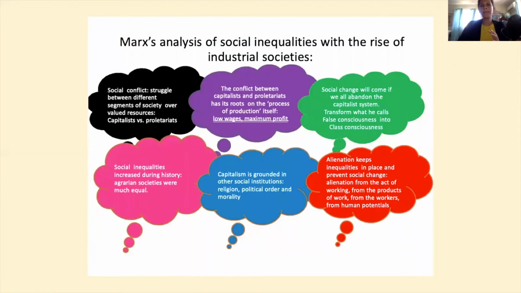So Marx held that advanced capitalism is an economic system based on the pursuit of maximum profit. And capitalism divides people into two major categories, and also a third one, a smaller group. You have what he called the capitalists or the bourgeoisie and the proletariat.